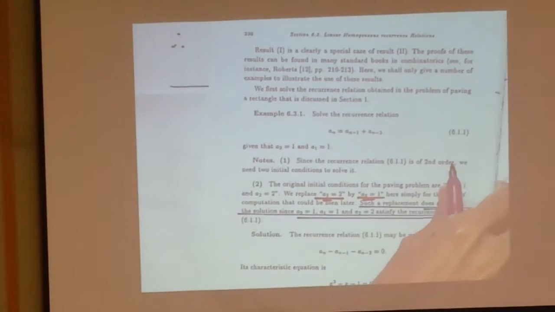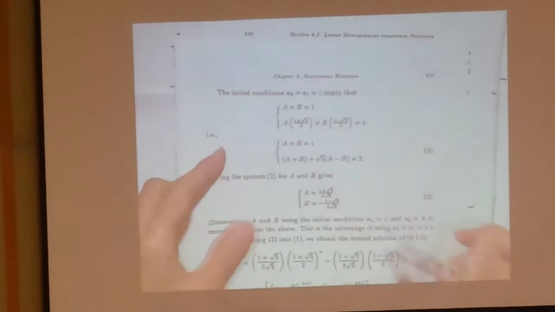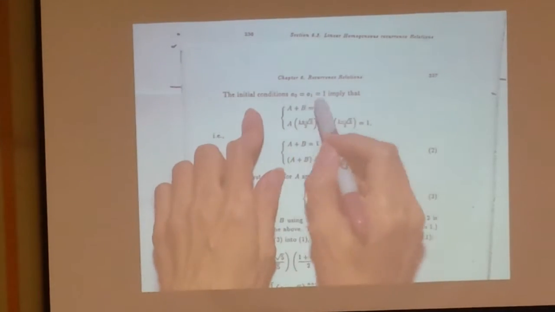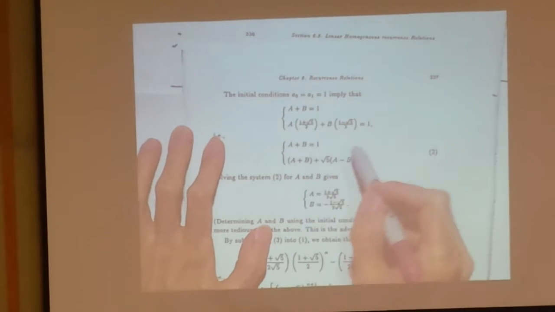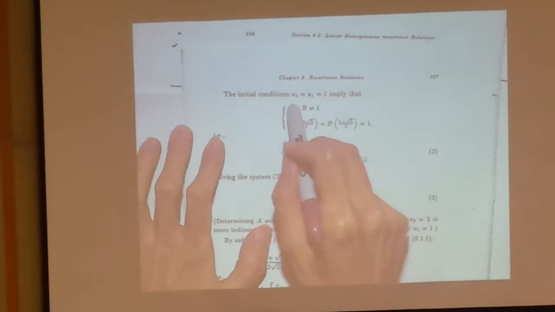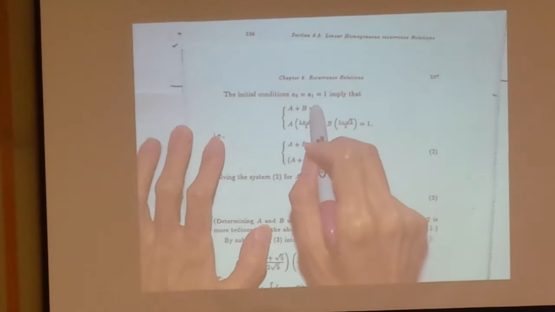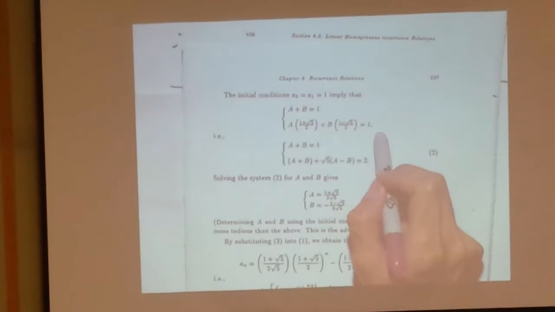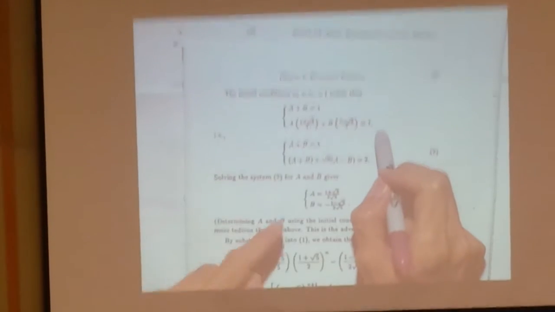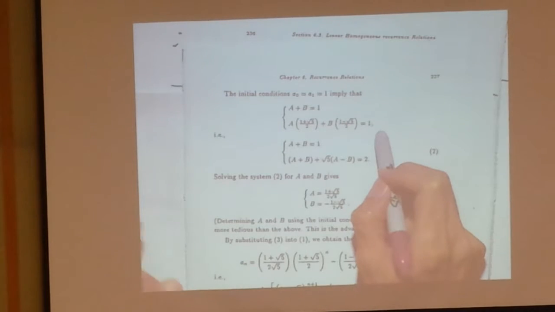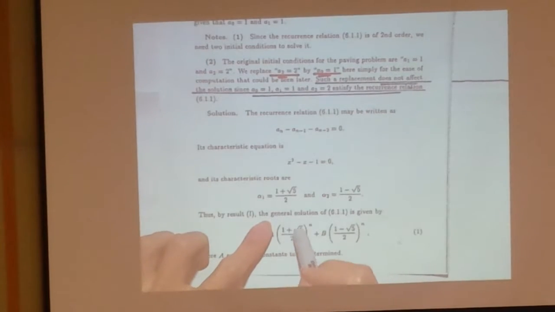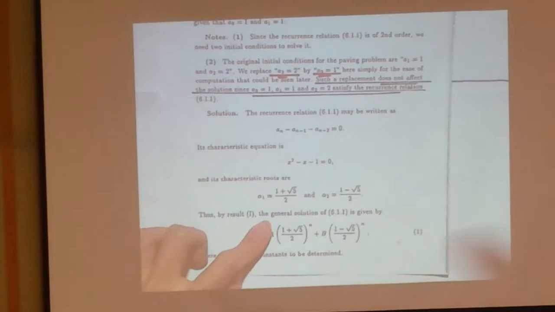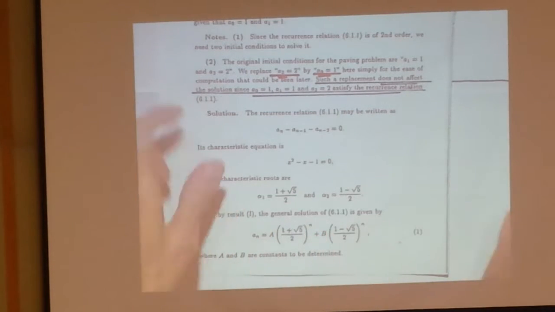Because eventually when you form an equation, if you use different initial conditions, page 237, the right hand side will be different when you use the simultaneous equations. So which means your answer for A and B will be different. But the answer is of the same form, because alpha 1, alpha 2 are the same. It's just that the coefficients A and B are different.